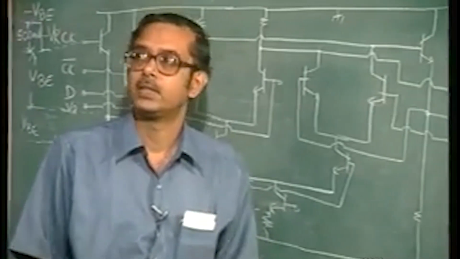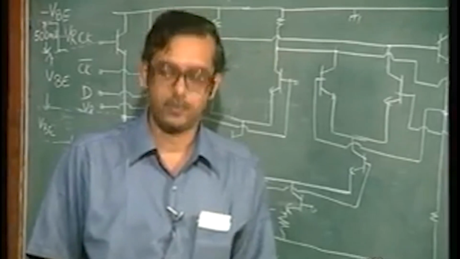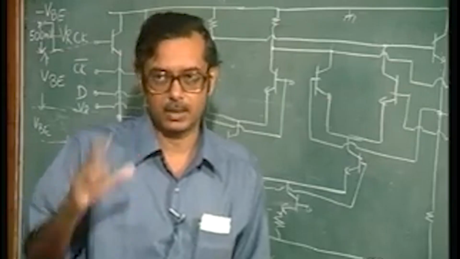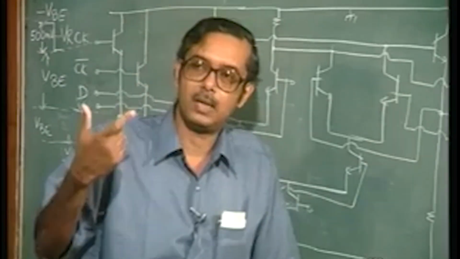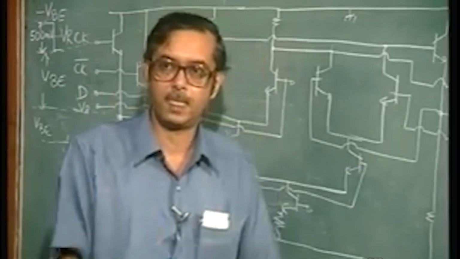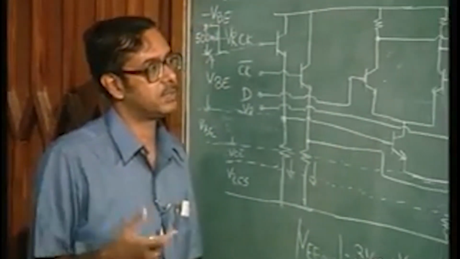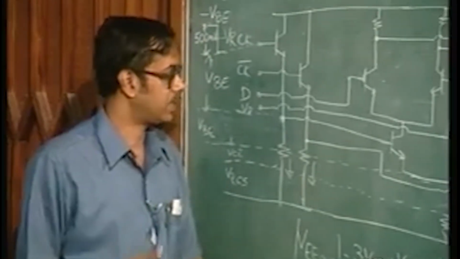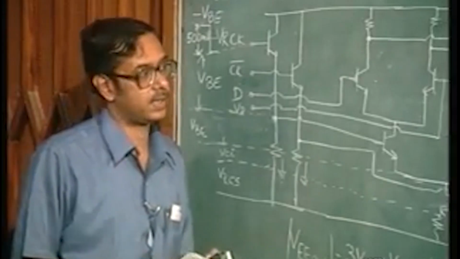All right. So, now if you have to reduce the power dissipation, you have to tackle it both ways, that is you can reduce the power supply voltage, as well as the current. Okay. So, a circuit which has a lower power dissipation can be constructed by making small modifications in this circuit.